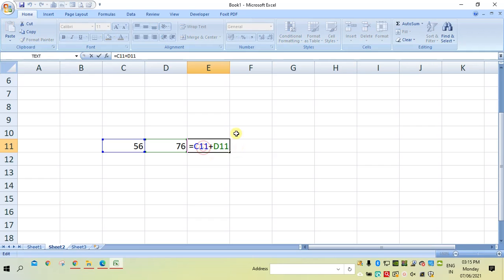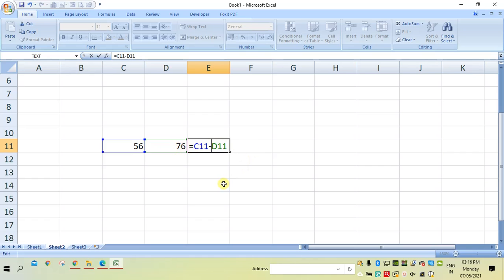Next is negative. To subtract 56 and 76, we can use the minus here. 76 is subtracted from 56, so the result is in negative form, because 76 is greater than 56.